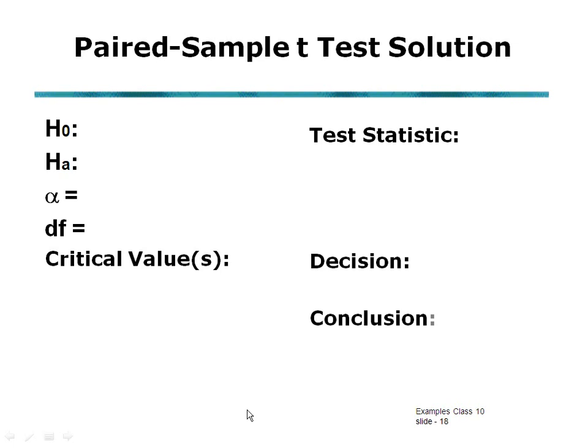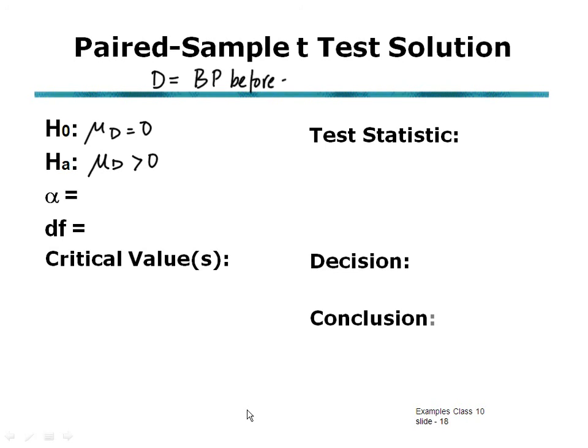Our hypothesis test here uses a hypothesized mean difference of 0. So in this example, mu d equals 0, where mu d means the hypothesized mean difference, and mu d is bigger than 0 for the alternate hypothesis, where D is defined as blood pressure before minus blood pressure after.